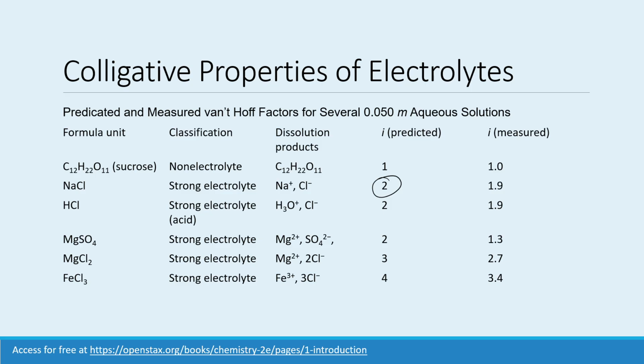We have one here where you would expect, as we showed with that sodium chloride, 2 moles, the sodium ion and the chloride ion. But because they do not dissociate completely, you end up with a Van't Hoff factor, based on a 0.05 molal solution, that i is slightly lower, of 1.9.